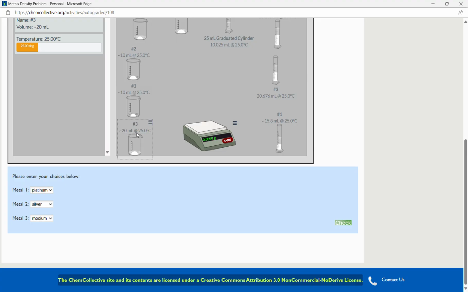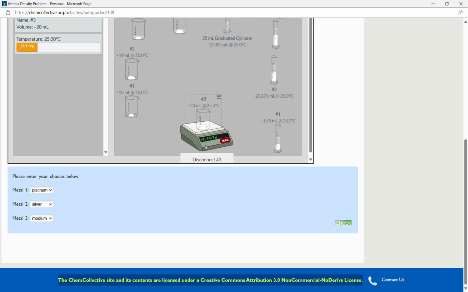And then for 3, it is the same process as well. The volume for 3 is going to be 20.676, and the mass for this is 251.5477 grams.